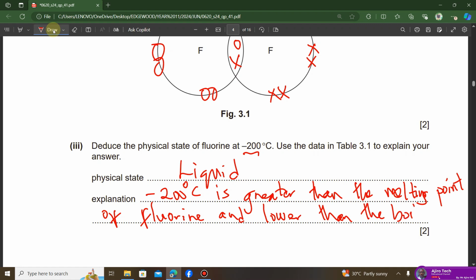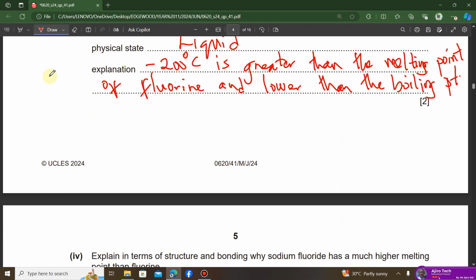So that makes it a liquid. So like we said, if it were higher than the boiling point as well, it becomes a gas because it has simply transitioned to a gaseous phase.